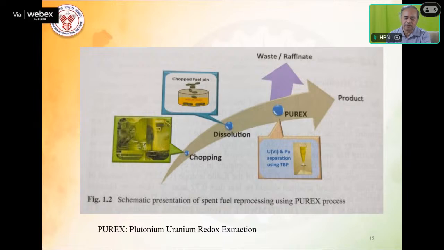Yeah. We were talking about reprocessing, that is basically the Purex process for extraction of plutonium, and the byproduct is uranium. So the fuel bundle, whatever picture you have seen in the earlier slide, is actually used in the reactor.